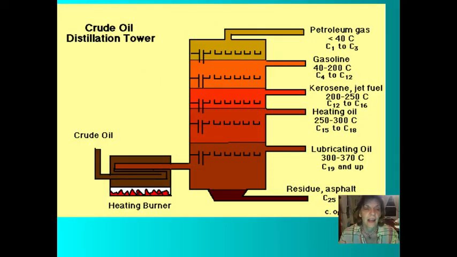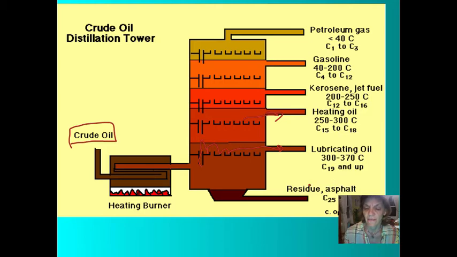This is done on a very large scale over at Chevron across the bay. They take the crude oil that comes in and they heat it, and as it heats up, different mixtures evaporate and rise. And then as they cool down, they fall onto these plates, and then they can be drawn off at different cooling levels.